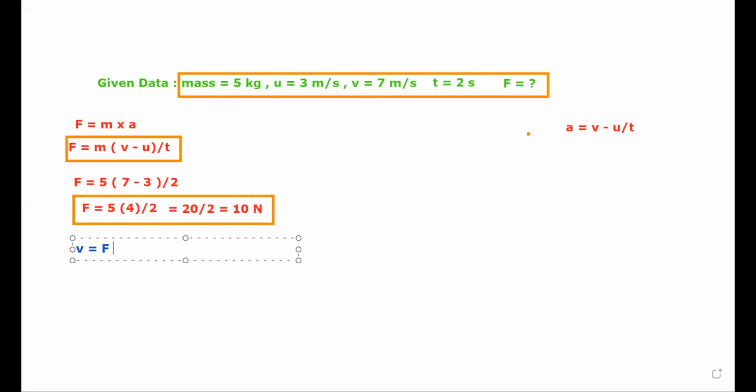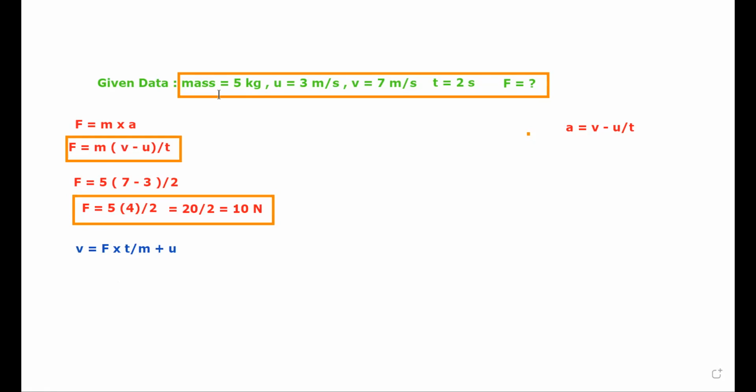Then t is in the denominator. When it goes to the LHS side, that becomes into t, right? Then divided by mass, which goes to the numerator, that will be m, then plus, this minus u goes to the LHS side, that can be written as plus u, isn't it? So this is how we can derive the equation for velocity, right?